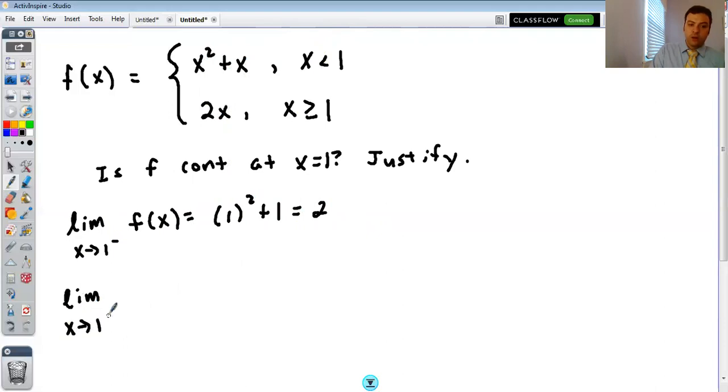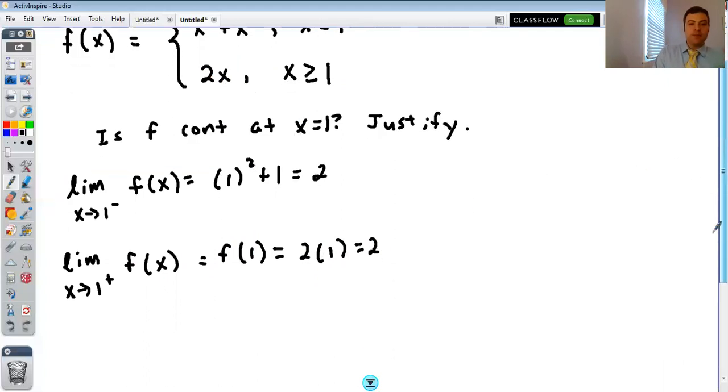Now we're going to do the limit as x approaches 1 from the right of f of x, which is going to be from the bottom function, but this is also equal to f of 1, and it's going to take on f of 1 because of the equals to part of our inequality. So now, with an easy plug-in, we just have 2 times 1, which is 2.